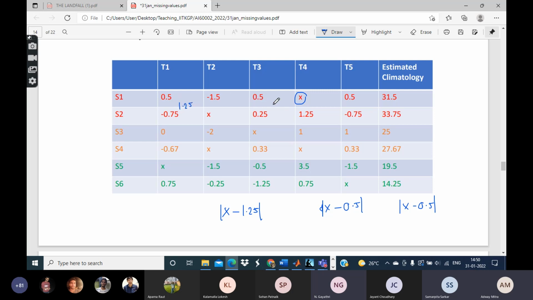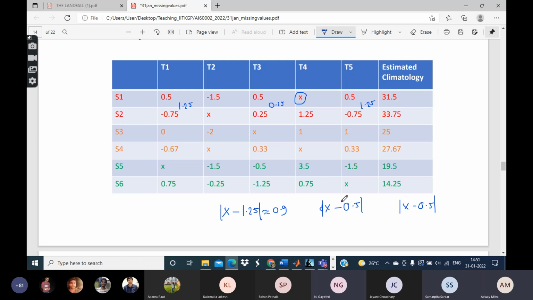Here the difference is much smaller, just 0.25. In this case, again, the difference is quite large, 1.25. If you take the average of these three, you get about 0.9. So we can say that this difference is usually about 0.9.